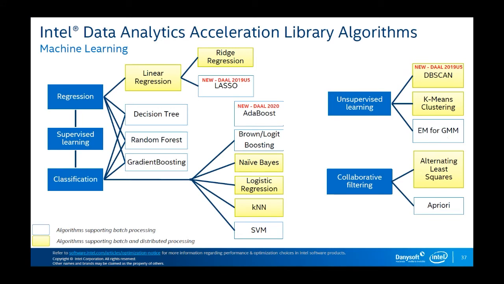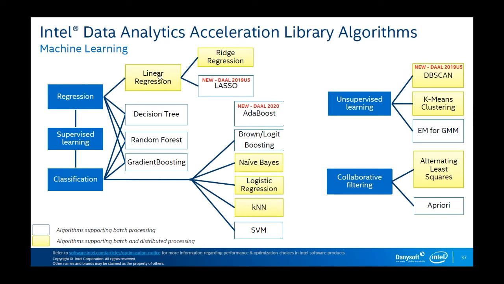And in this couple of slides, I will present the main algorithms related to machine learning, and which of them support batch processing, typed in white, and which also support distributed processing, marked in yellow.